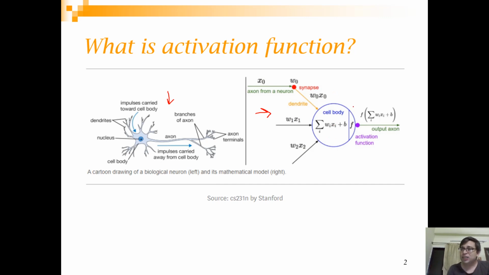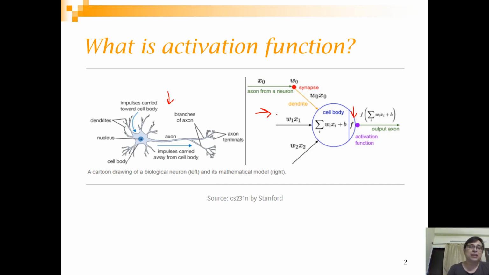Then a function is applied on this and some output is produced. That output goes to the axon and is available to other neurons. So that's how the biological neuron is equivalent to a mathematical model of a neuron.